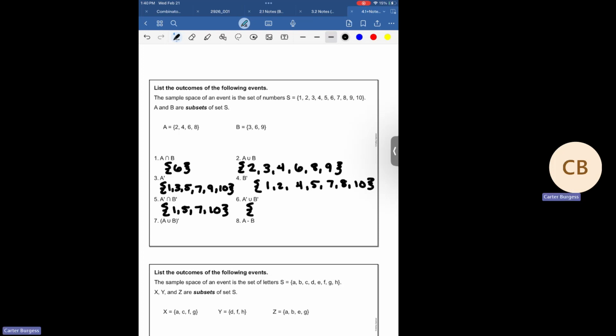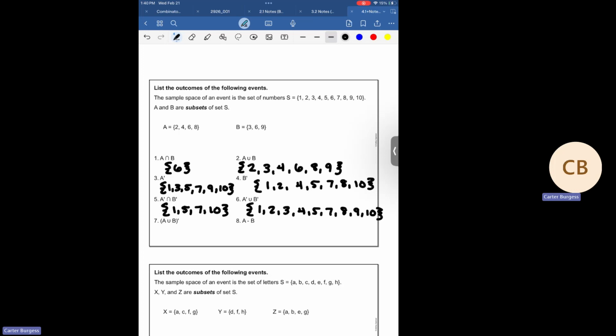If we're trying to think about satisfying the condition, either we don't live in A or we don't live in B, the only elements that don't fit that bill are the ones that live in both A and B. And there's only one element that fits that description. That's 6. 6 is the only element. Very good, Dylan. So this would be 1, 2, 3, 4, 5, 7, 8, 9, and 10.